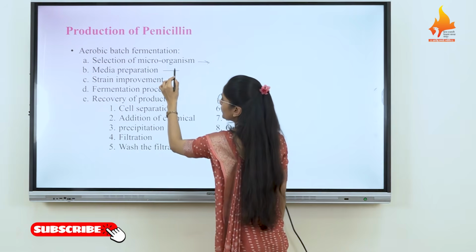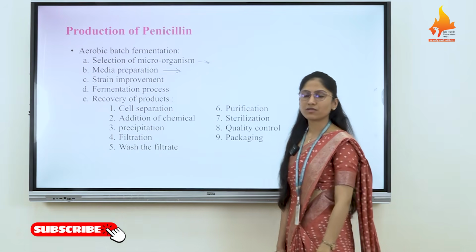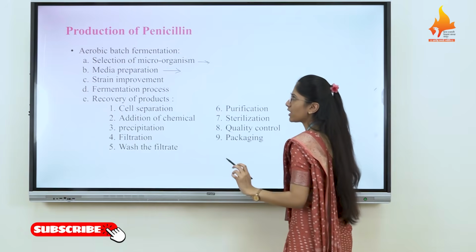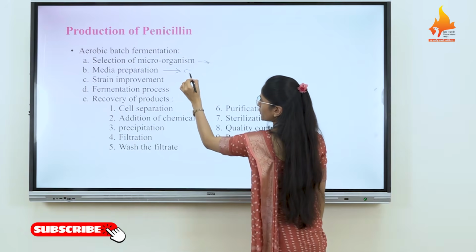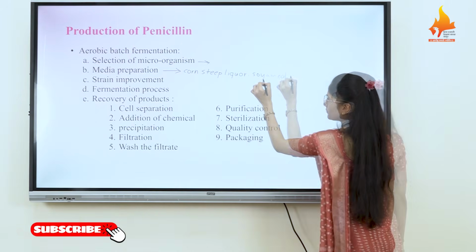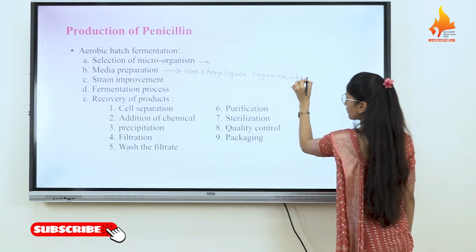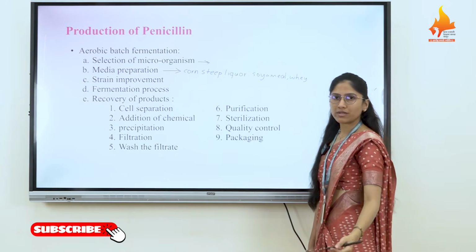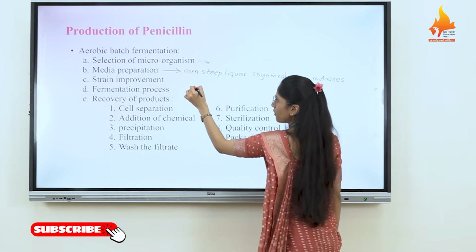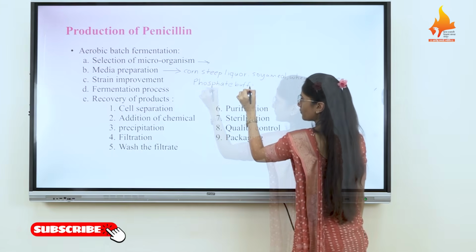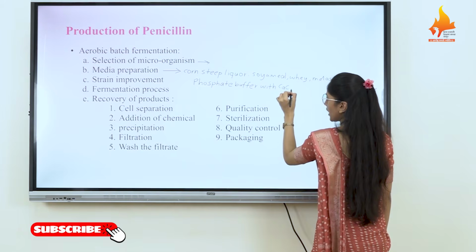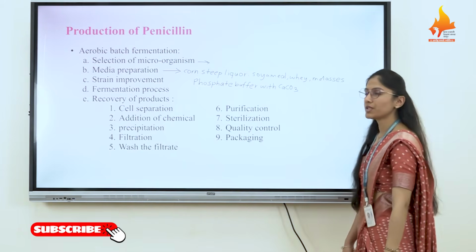Next, we prepare the fermentation media for the penicillin. This media contains corn steep liquor, soya meal, whey, carbon source, nitrogen source, molasses, then phosphate buffer with calcium carbonate, that is CaCO3.